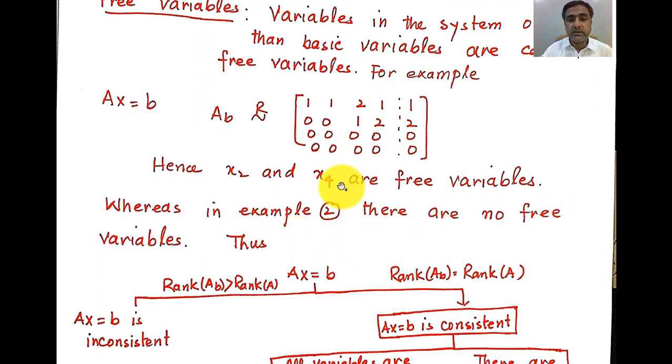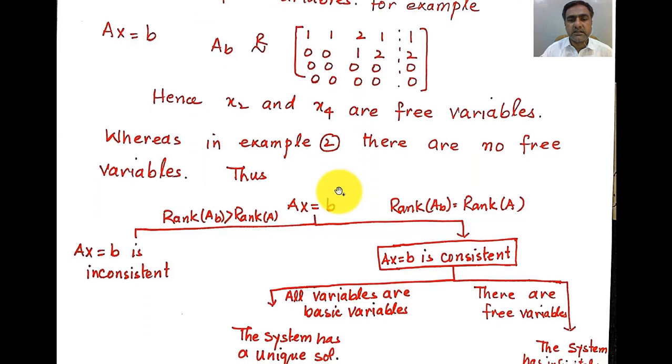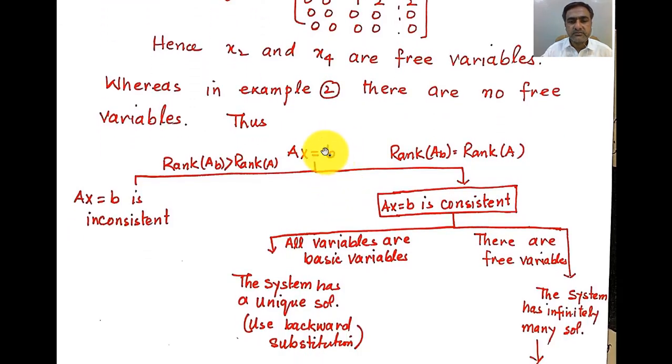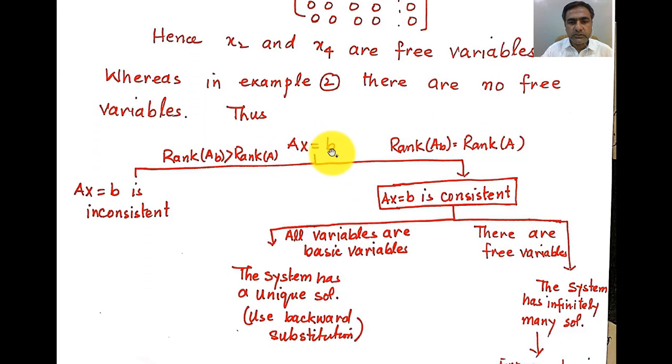Thus I can summarize all this discussion in the following flow chart. I have a system Ax = b. I consider the augmented matrix for this system, which is [A|b]. I reduce that augmented matrix into an echelon form matrix, and I determine these two numbers, the rank of [A|b] and the rank of A. If the rank of [A|b] is greater than the rank of A, the system is inconsistent and hence we cannot proceed further.